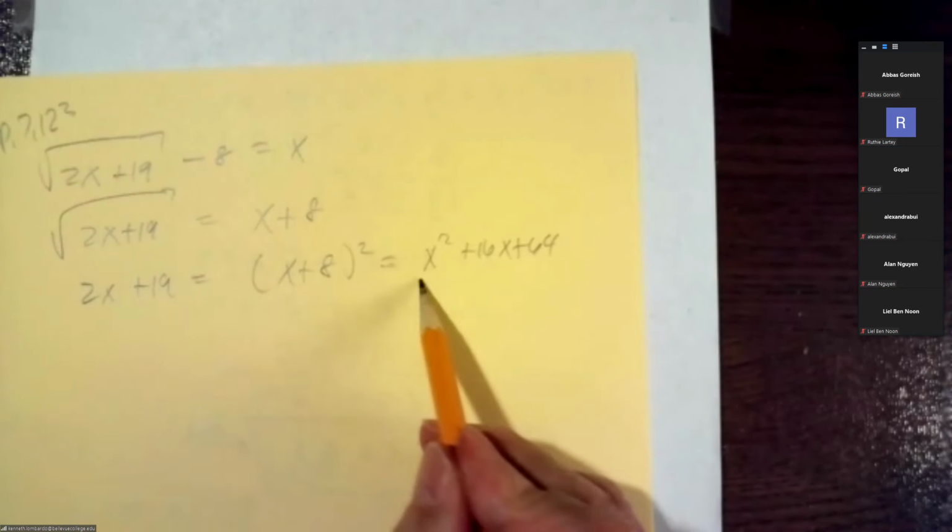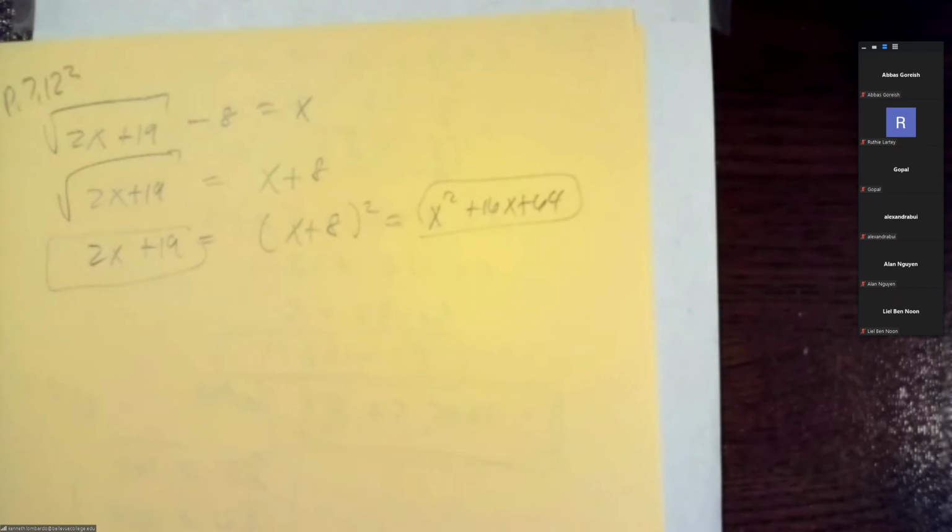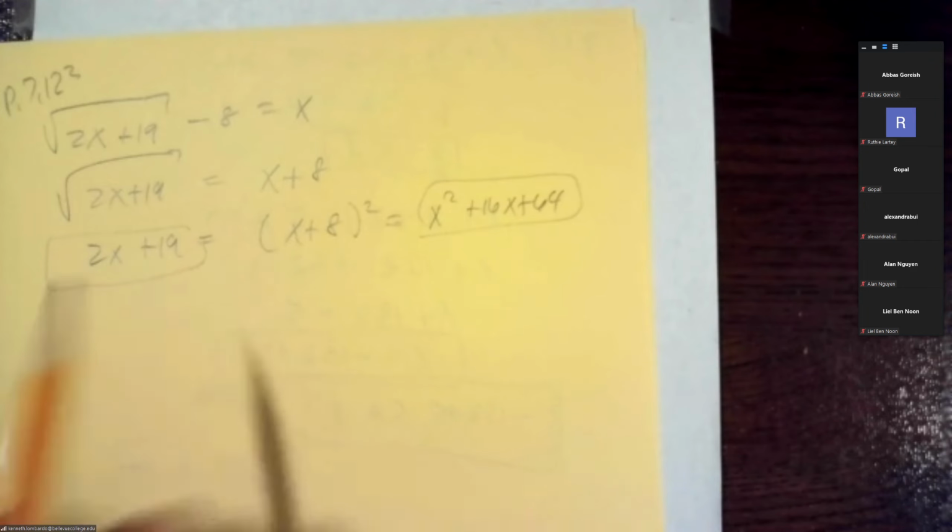Okay, so now we have to simplify, combine, get everything on one side. What'd you get when you combine both sides?